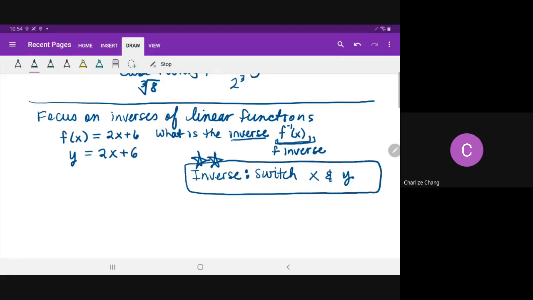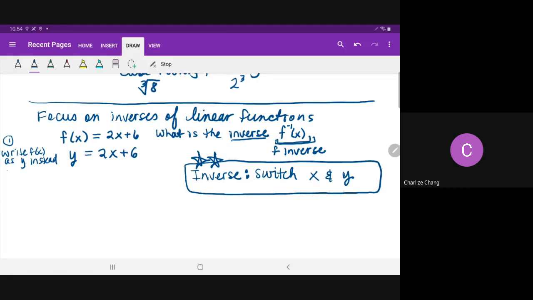Okay, so this is the original equation, just written with a y. Maybe we'll put a little label at the left: write f of x as y instead. So that's step number 1.